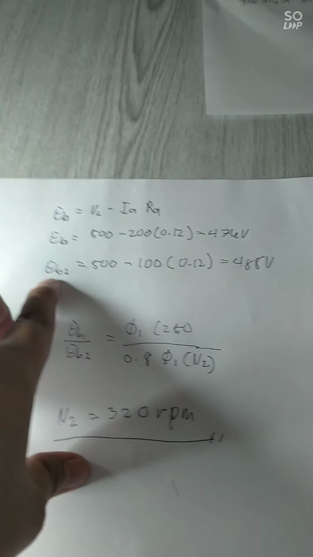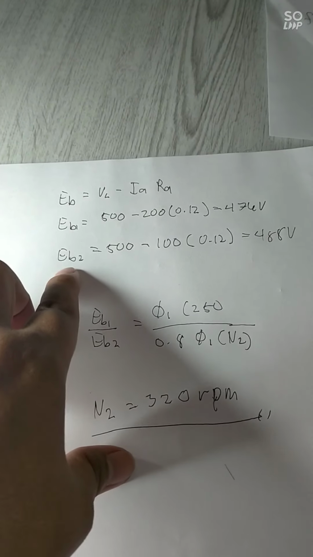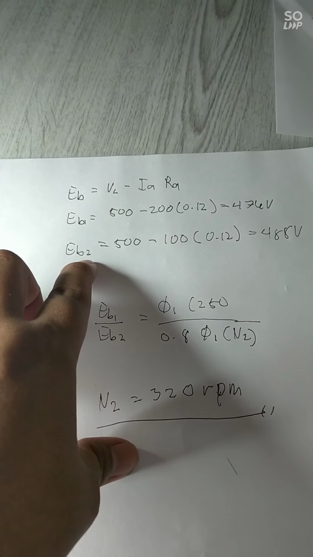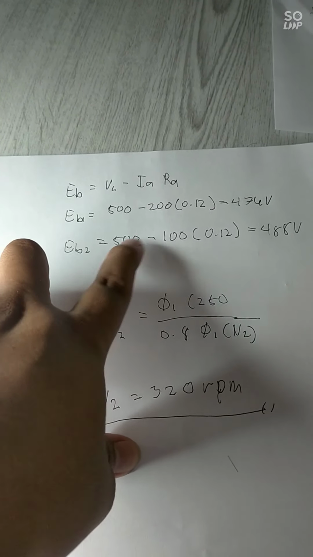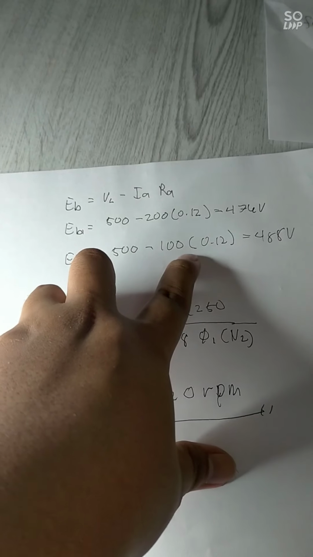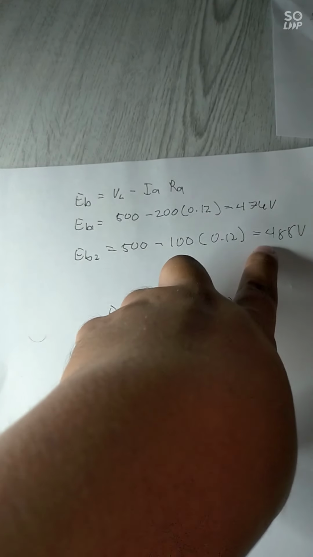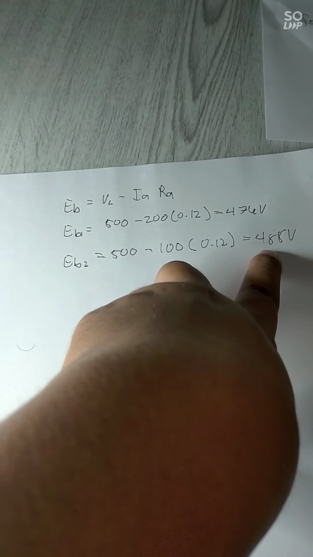So ang EB2 kato na ning nausab, kato na ni 100 nga IA. So 500 minus 100 times 0.12 is equals to 488.